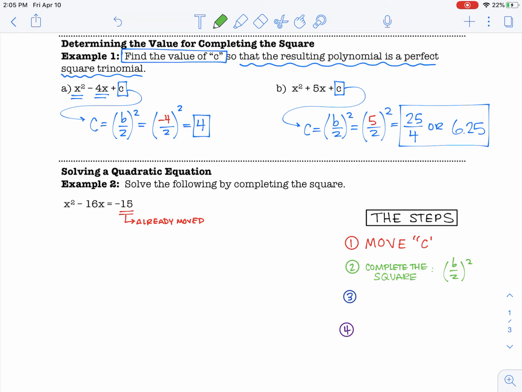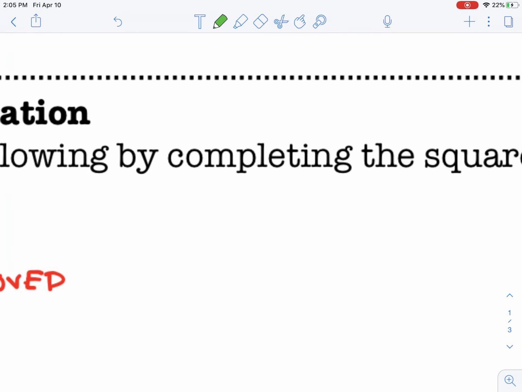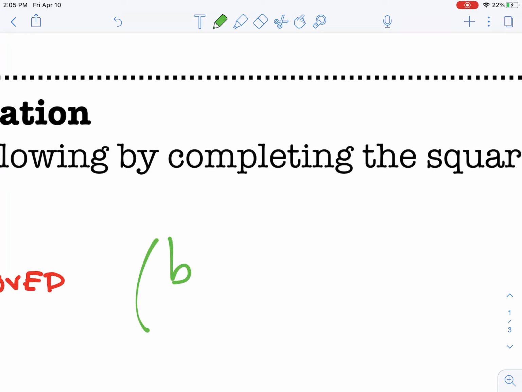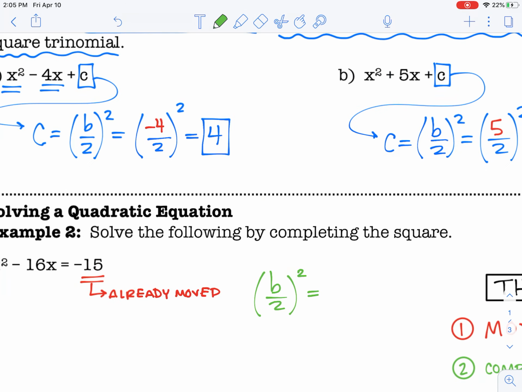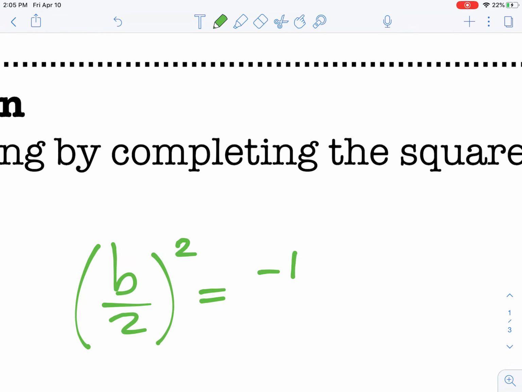So over here to the side, I'm just going to do this in this middle space. To find the value of c that we want to complete the square, we're going to take the b term, which is a -16. We're going to divide it by 2 and square it, and we should get a 64.